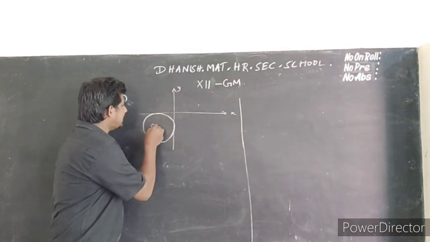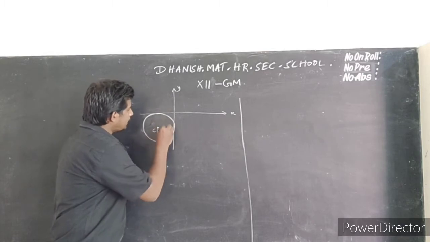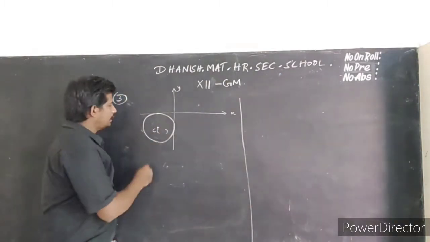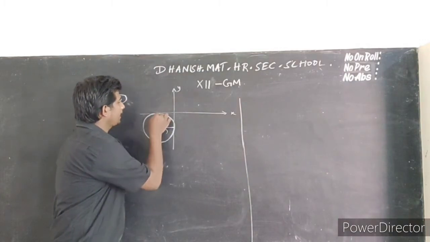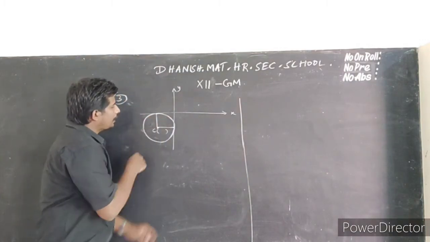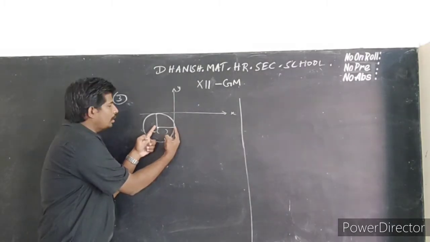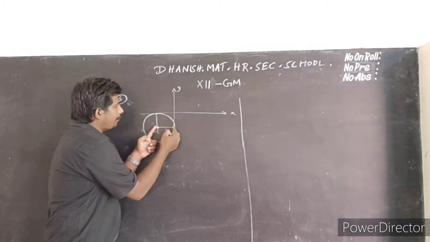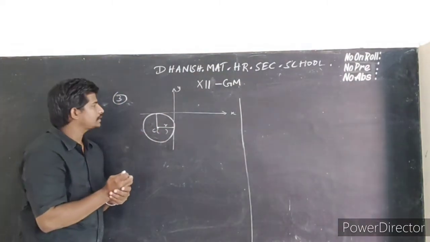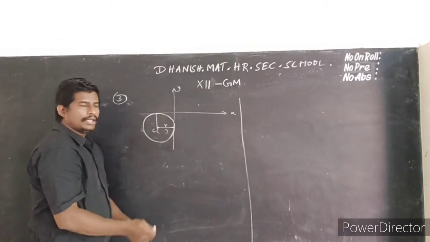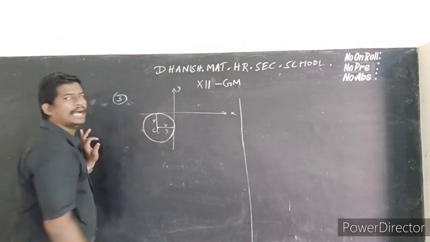I'm going to take the center here. This distance can be the radius. So our x coordinate can be taken as r, and this distance can also be taken as r.